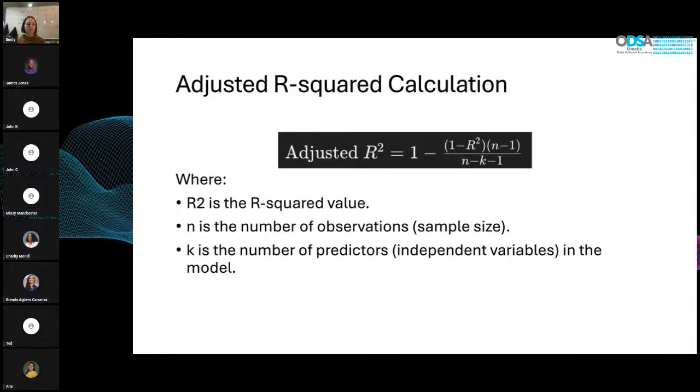The adjusted R-squared is used a little more in traditional statistics and traditional modeling, where they really want to make sure that you have only features that are informative to the model. This leans more towards linear regression, and some of those more traditional foundational techniques.